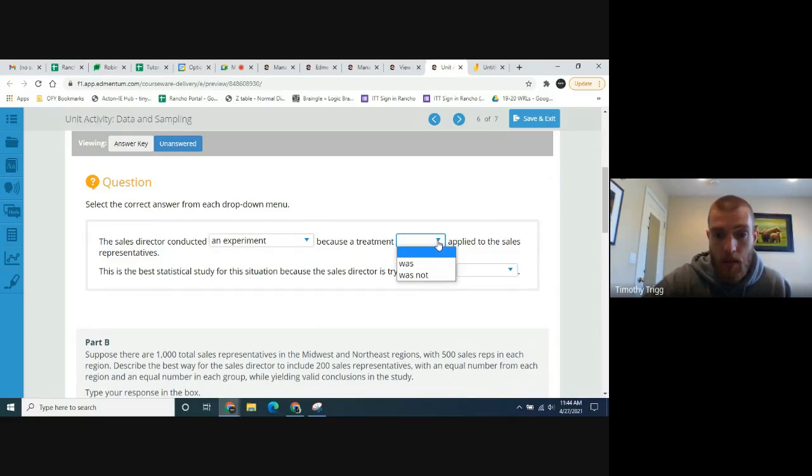The reason it's an experiment is because the treatment was applied to the sales representatives. This is the best statistical study for the situation because the sales director is trying to establish causality. So he's hoping to see that the training causes better sales for new stores.